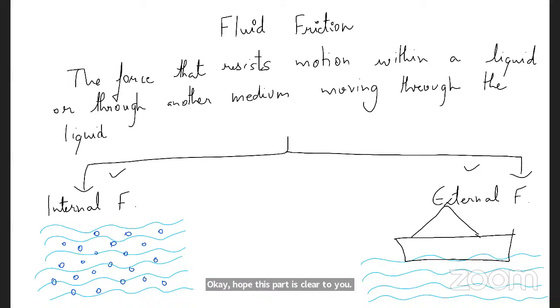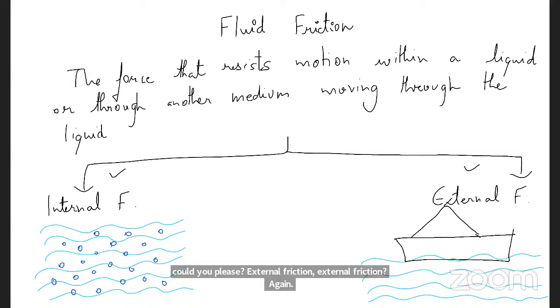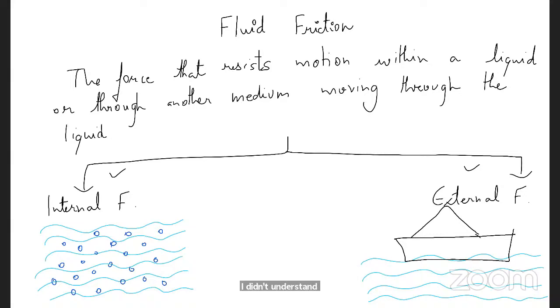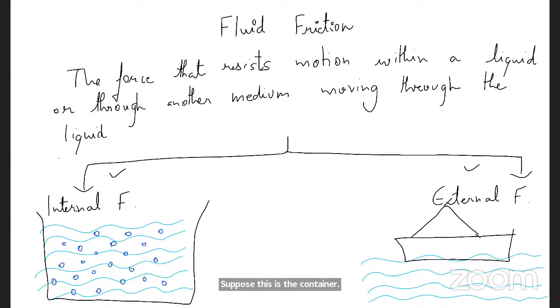Ma'am, could you please explain internal friction and external friction again? Sure. Okay, internal friction. Now, suppose I am having water. Suppose this is the container, and I am having water in it. Now, we know that any liquid has molecules present in it.